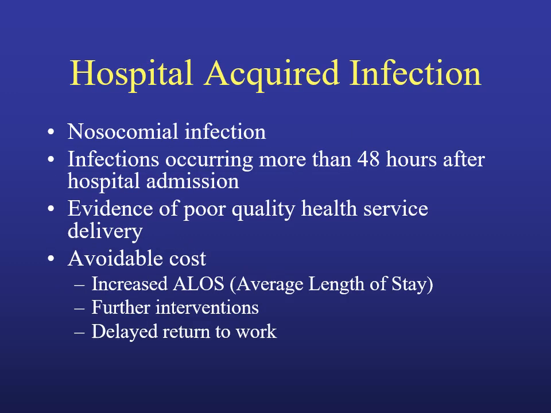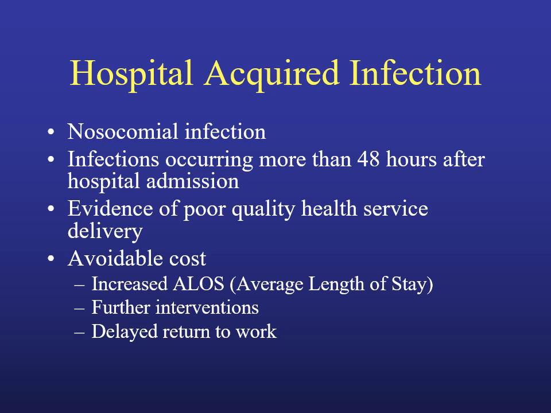So hospital-acquired infections, nosocomial infections, are the infections happening to patients after hospitalization, like infections occurring more than 48 hours after hospital admission, the patient undergoing surgery and having infections of different types after their hospitalization.